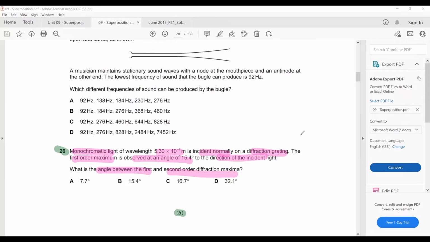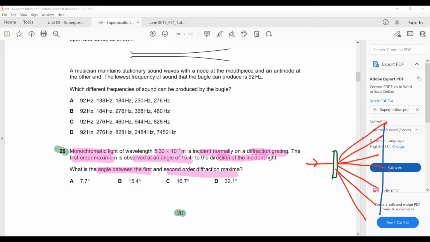Okay, so you want to visualize what's happening here. Light passing through your diffraction grating. And then this is your screen. I just draw a single line. This is your screen. The light will diffract like this, like this, and like this.